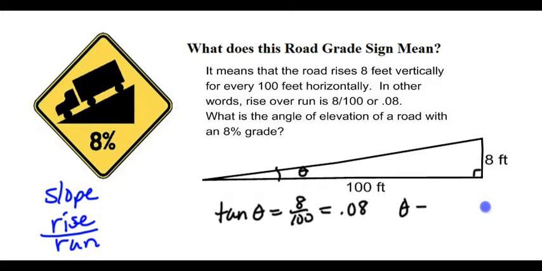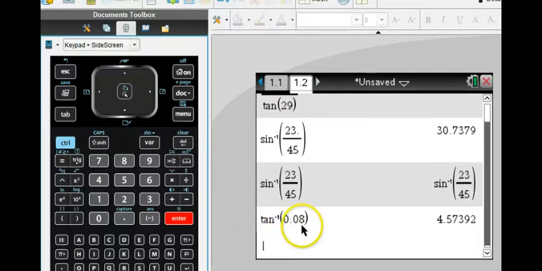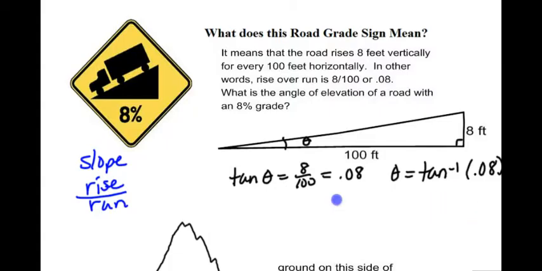And so theta is equal to inverse tangent of 0.08. Computing that on the calculator, we find that's about 4.57 degrees. So the angle of elevation is 4.57.